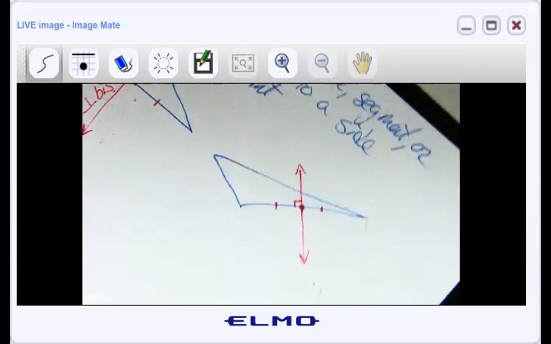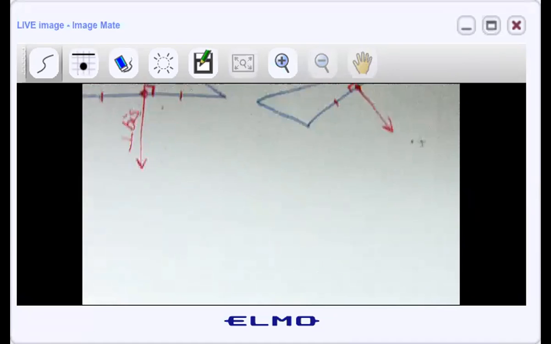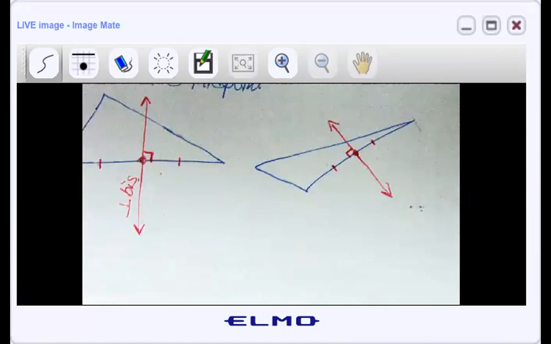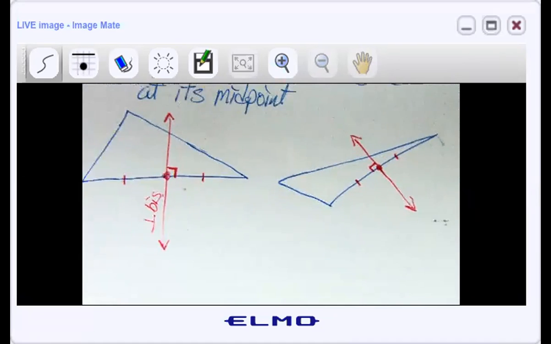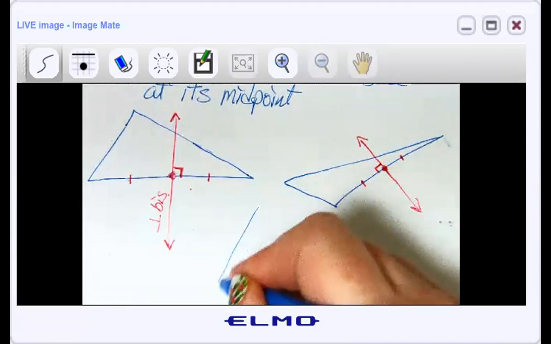Okay, let me draw you another one. Remember I said a few minutes ago, notice these two that I drew, they don't touch a vertex of the triangle at all. Can they? Yes. So let me draw you one where it does just so happen to.